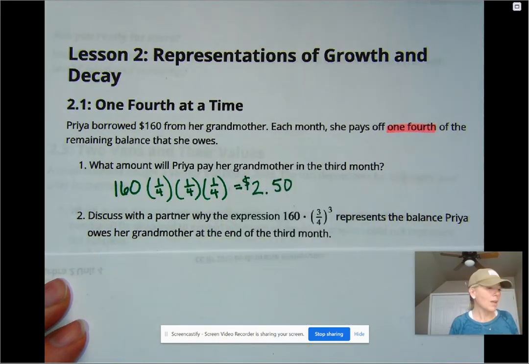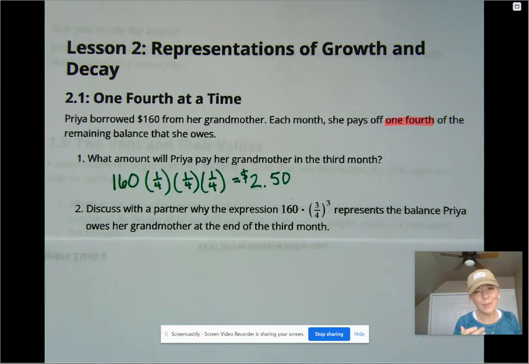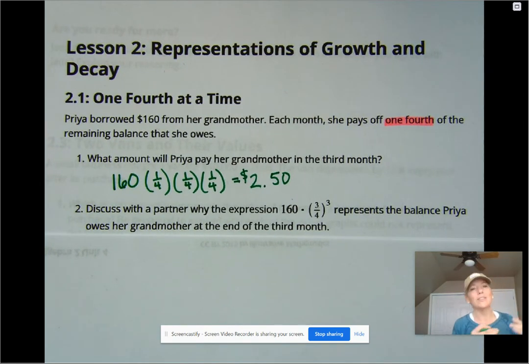All right. In the second part, it says to discuss this with a partner, but right now you're just going to kind of think about it with me. Why the expression 160 times 3/4 to the third represents the balance that Priya owes her grandmother at the end of the third month.